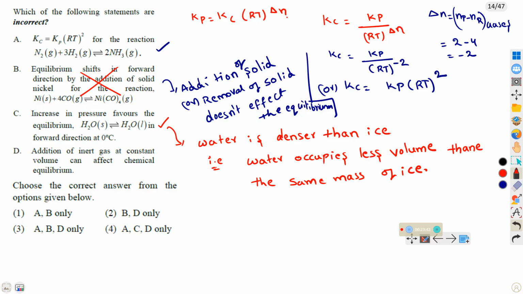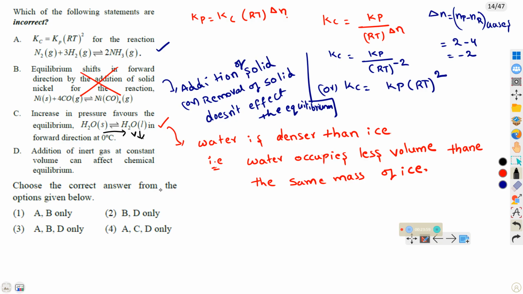Same mass of ice. That means here what happened? From left to right, actually volume decreases. Volume decreases means pressure increases. So equilibrium shifts towards the forward direction.